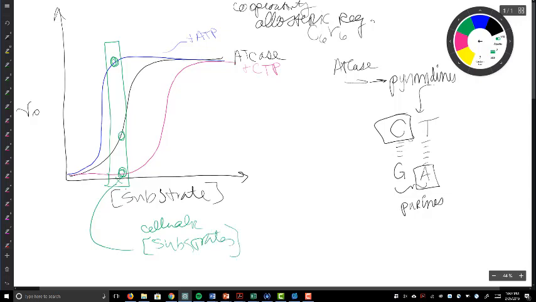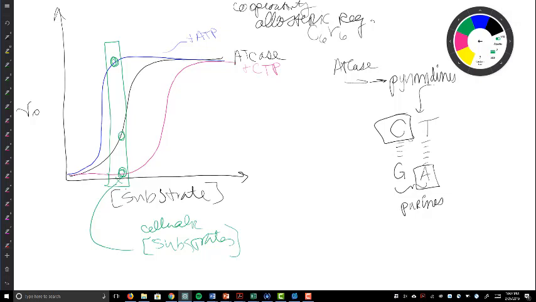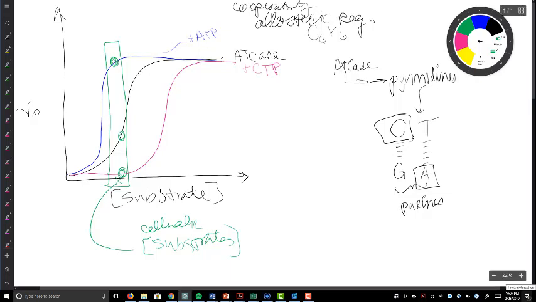Shifting the Km to the right in the presence of CTP causes the velocity to be lower at that concentration, and ultimately lower over a broader range of substrate concentrations, whereas the addition of ATP causes the velocity at that given cellular concentration to be higher, and it also causes the velocity to be lower only over a smaller range of concentrations than in the absence of the regulators. I hope that this explanation helps.